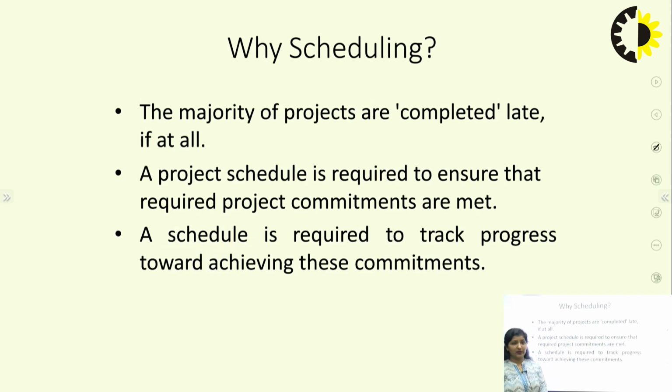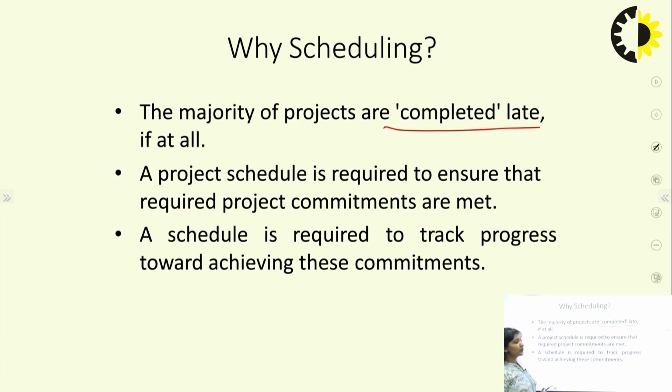Now, why scheduling? The majority of projects are completed late, if at all. So, why are the projects being completed late? Because the scheduling of those projects has not been done properly. If the scheduling has not been done properly, then those projects will be late. And if the projects are late, then it might result in the cancellation of the projects as well.